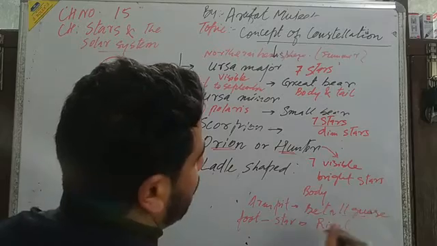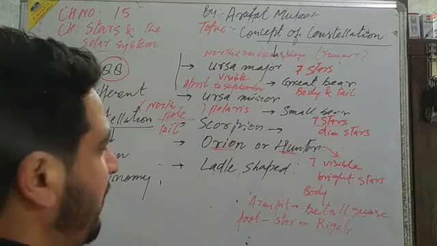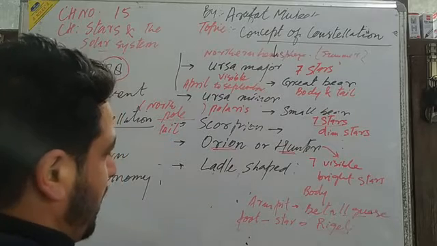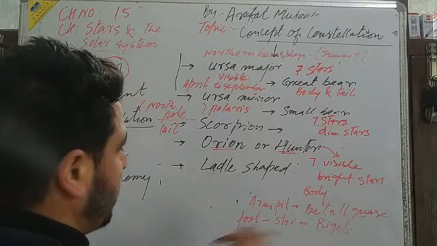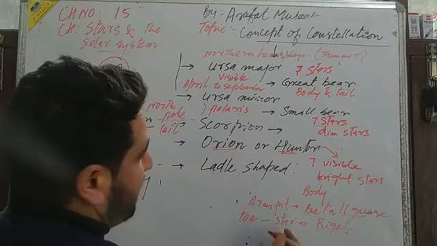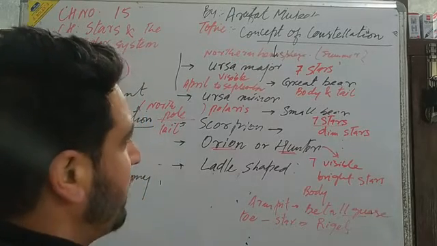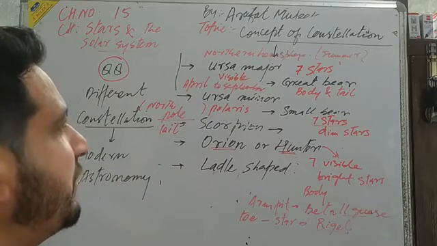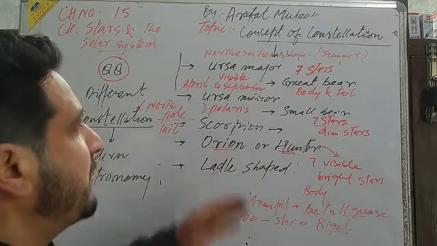There are two stars, one in the armpit, and the other at the foot, or rather at the big toe, the star which is Rigel. Then we can say these are the major constellations mentioned in our textbook.